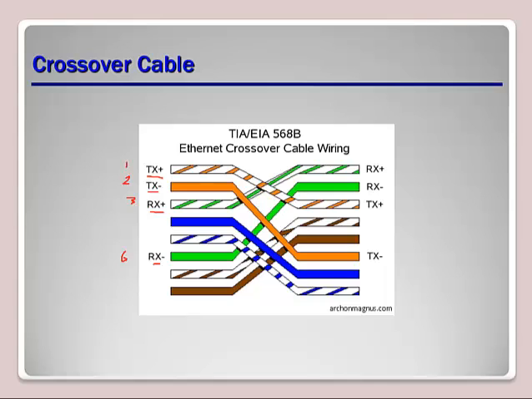So 1 will go down here to pin 3, and then 2 over here will come down to 6, and then 3 over here goes up to 1, and then 6 over here is going to come up to 2. So in essence we're just swapping the pairs. 1 and 2 go to 3 and 6. 3 and 6 go to 1 and 2 on the other side. That's all there is to it.